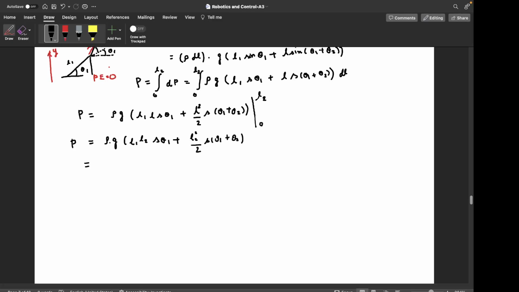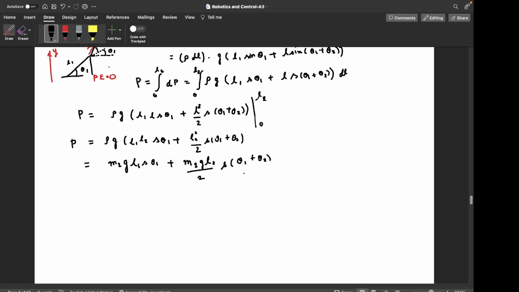substitute rho. So rho L2 you can write as M2, so the first term will be M2 g L1 sin theta 1, plus the second term, again one L2 will go with rho, so only one L2 will remain, so M2 g L2 by 2 sine of theta 1 plus theta 2, right?